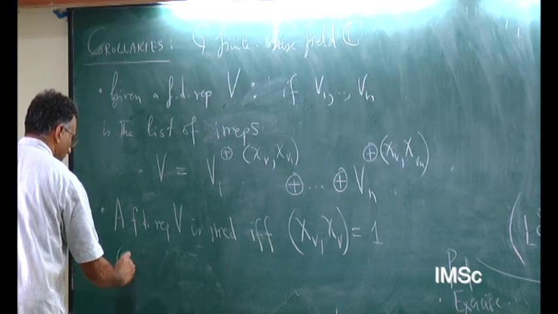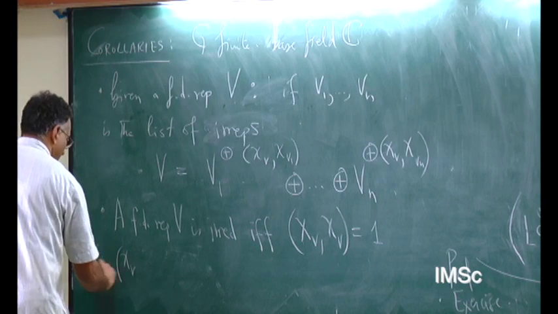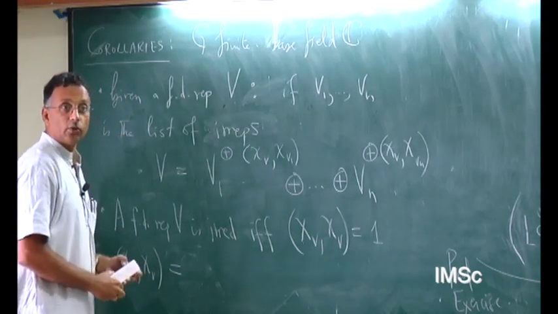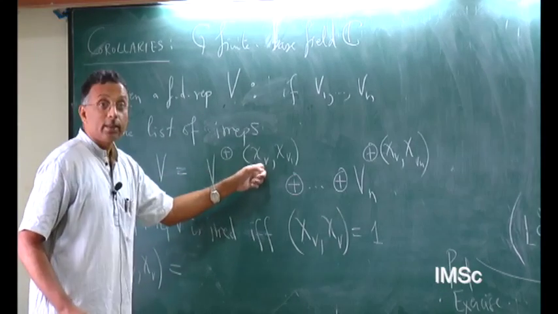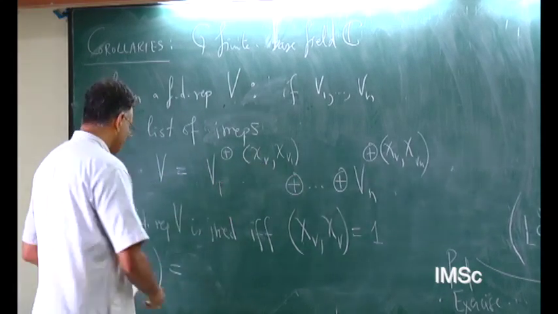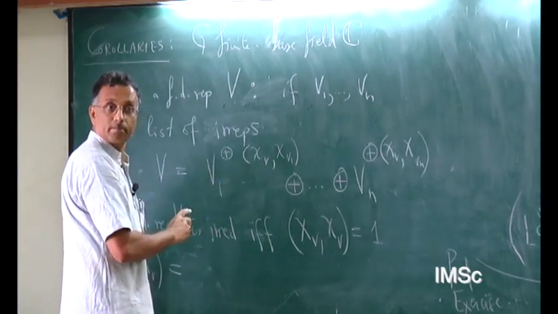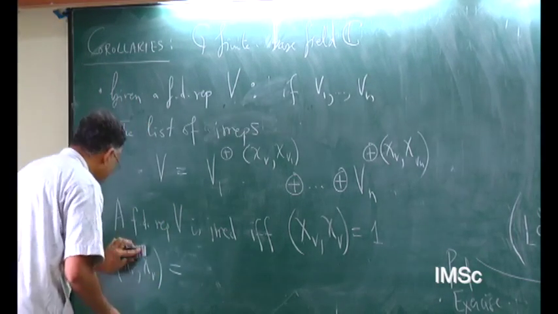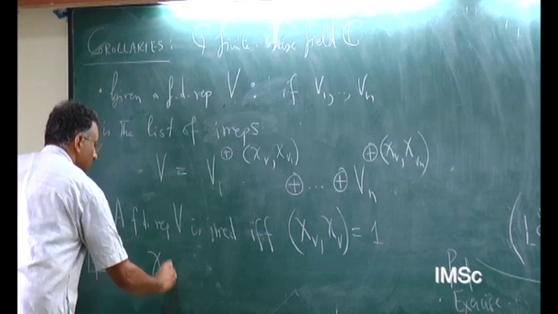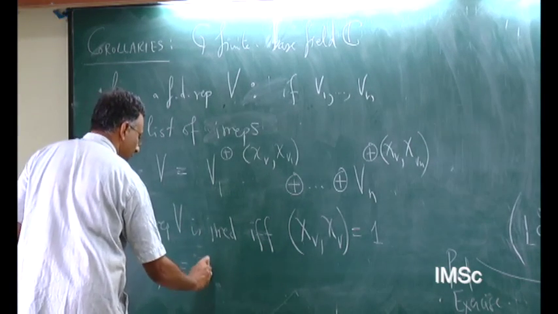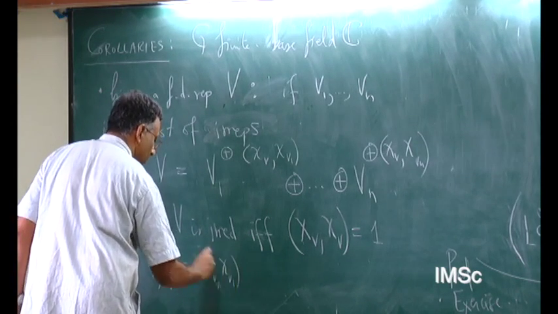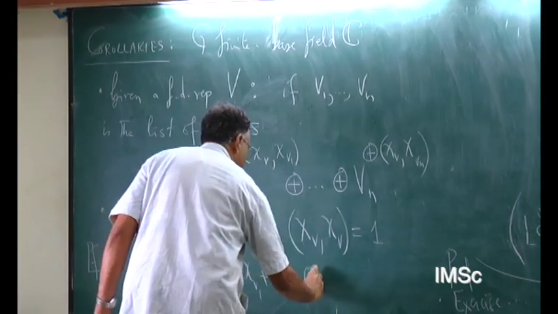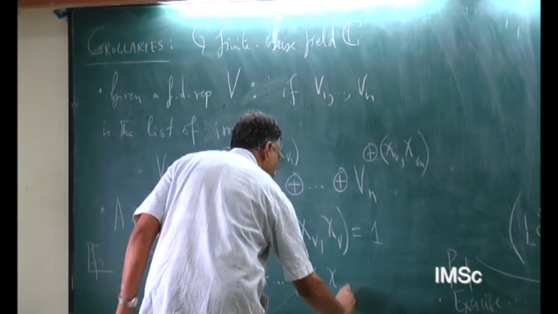If you want a proof, chi V is equal to, if I use this, chi V is a1 chi V1 plus dot dot dot plus an chi Vn.